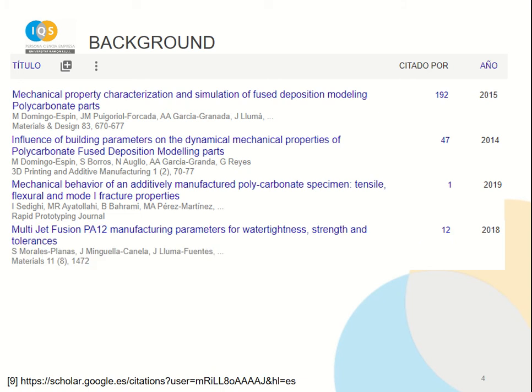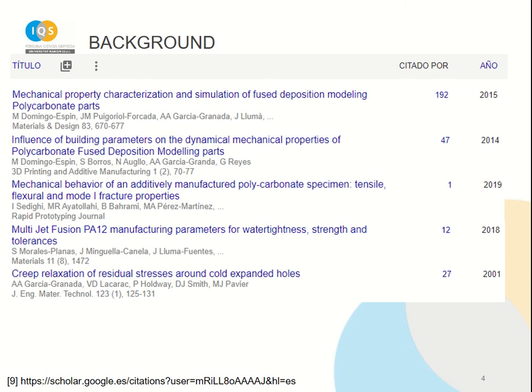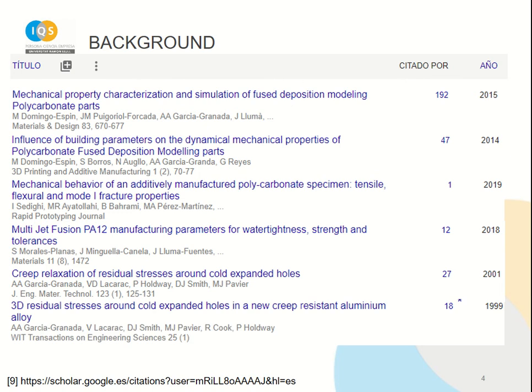And as I was saying, we already have a paper published in Materials about water tightness, strengths, and tolerances with 3D printed parts. Then we want to link that with our previous research, where we were looking at creep relaxation or residual stresses, that from year 2001, or the 3D residual stresses around cold expanded holes, looking for creep, how we release all these residual stresses.